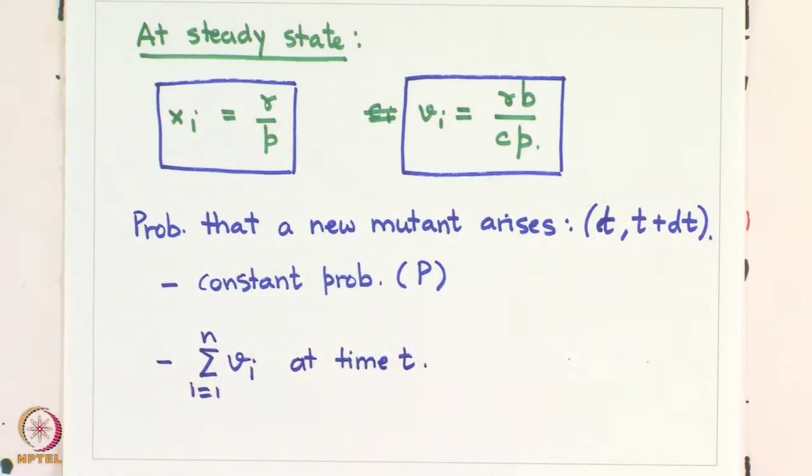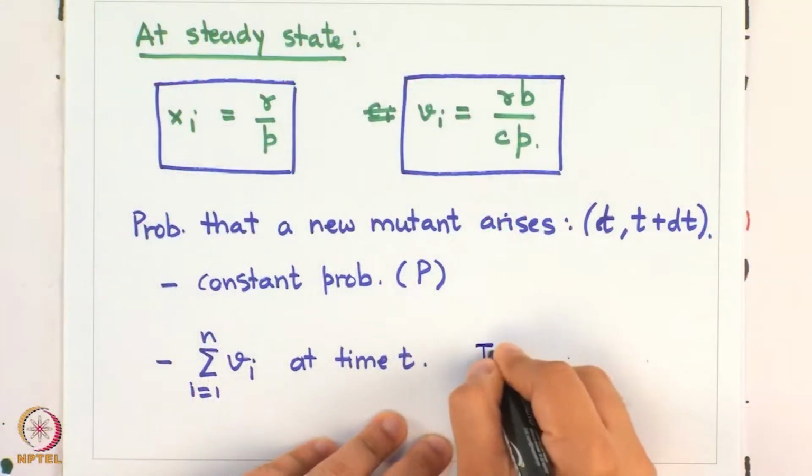This means the probability that a new mutant arises is proportional to the total number of virus particles present in the environment at that time, which makes more physiological sense, because if you have more virus particles in the system, then you have more divisions taking place in the dt interval of time that you are interested in. And if you have more divisions taking place, the likelihood that a mutant virus arises also increases in proportion to the number of division events that are happening. Hence, these are two ways of incorporating the fact that new virus particles, new Vis, are being generated in the system as you move forward in time.